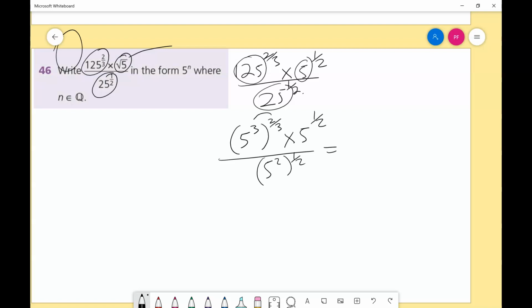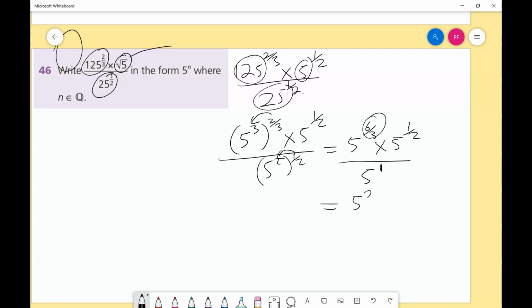Now, multiplying in, 2/3 multiplied by 3 is 2, so that's 5 to the power of 2, multiplied by 5 to the power of a half. Half multiplied by 2 is 1.